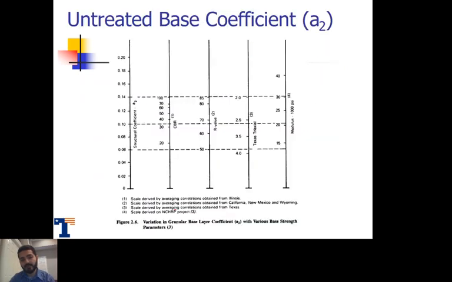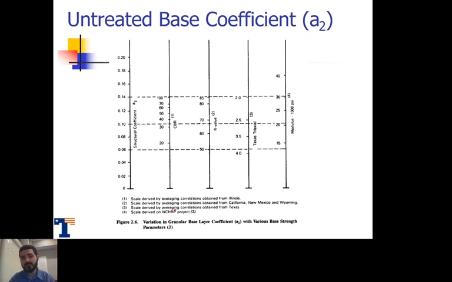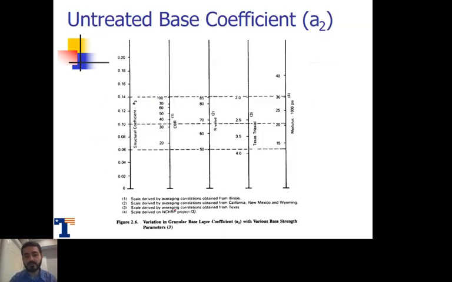This here is an example of one of these figures, figure 2.6. Again, this is not from your textbook, but from another source similar to it, and this is for the untreated base coefficient A2.